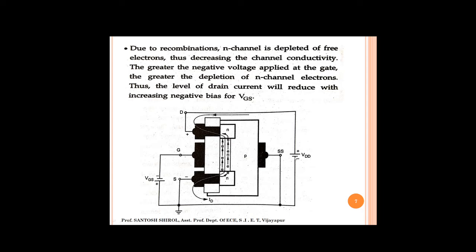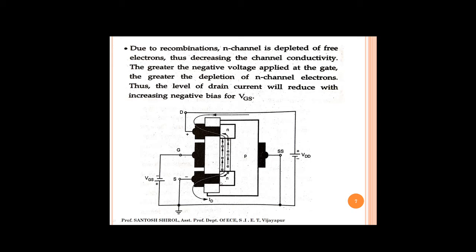This is one part. Next, this is the positive terminal of the battery, and the positive terminal will always attract electrons. It is connected to the drain, and in the drain also the majority charge carriers are electrons, and it is again connected to the channel. So on the source side there will be a force of repulsion for the electrons, and on the drain side there will be a force of attraction for the electrons.